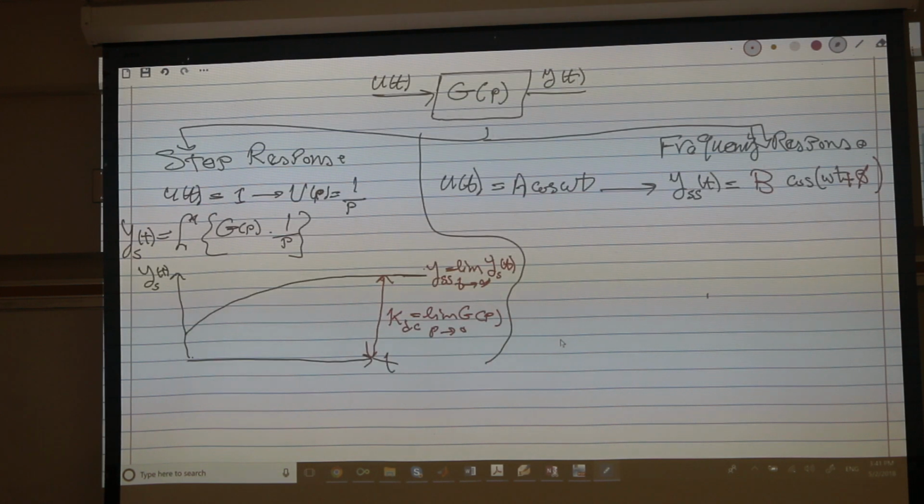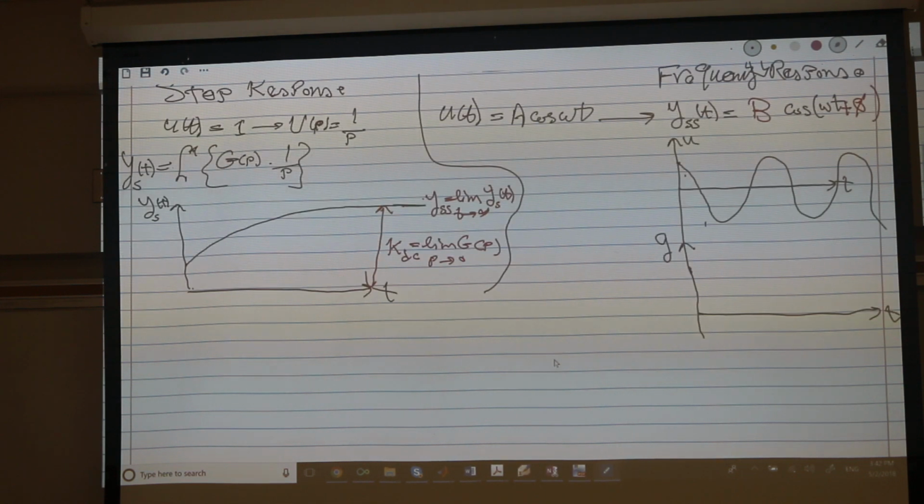Okay? So if you're given here, this is your input, for example, t, and u of t, it's cosine, so it's going like this. Your output, y as a function of time. Again, there is some transient that we ignore, okay?